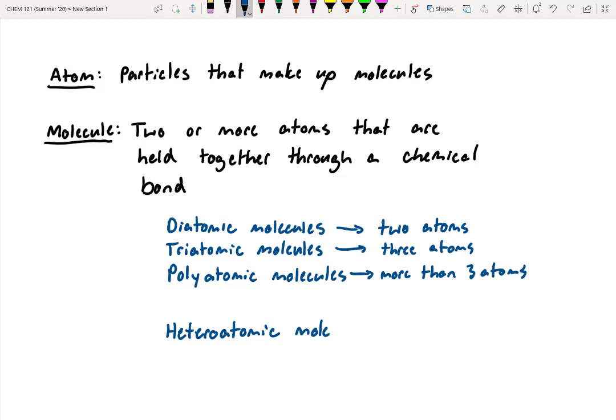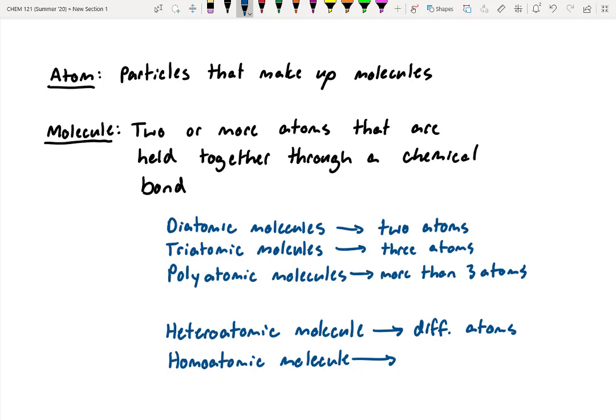So heteroatomic molecule, and then homoatomic. And as you can probably tell by their prefixes, a heteroatomic molecule is made up of different atoms. So for example, if you have heard about carbon dioxide, that's made up of carbon and oxygen being different atoms.